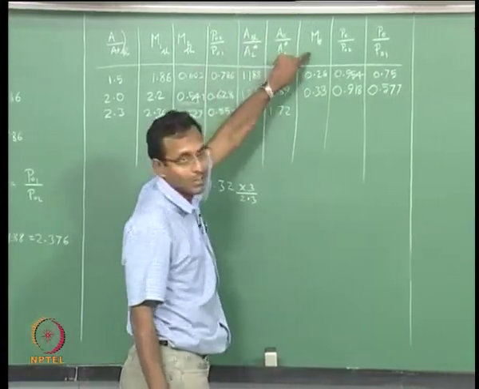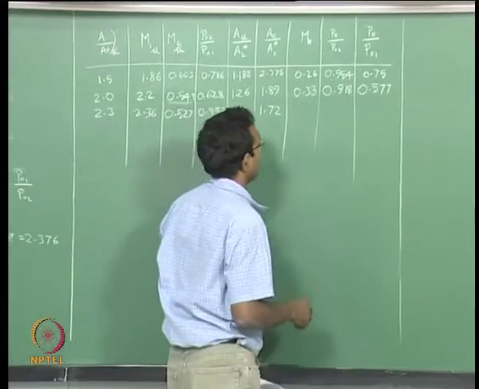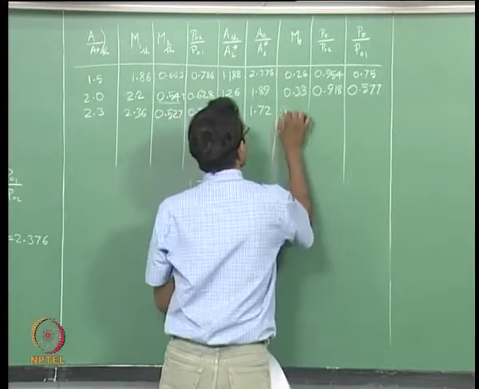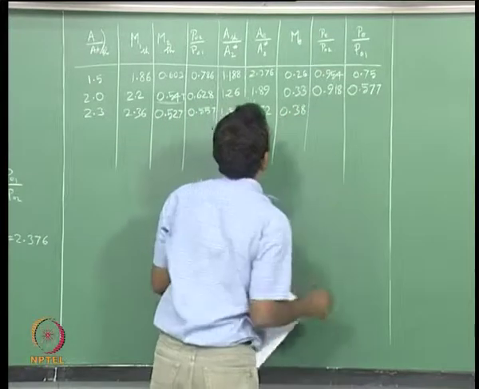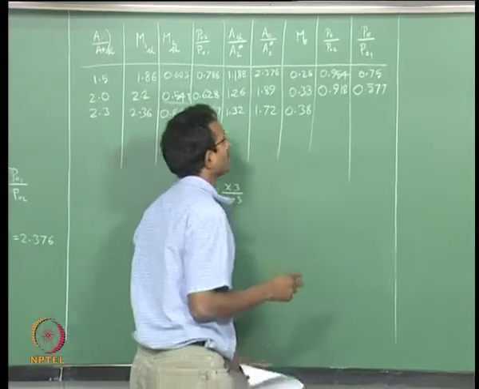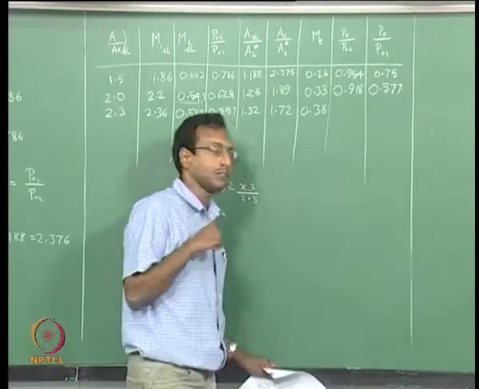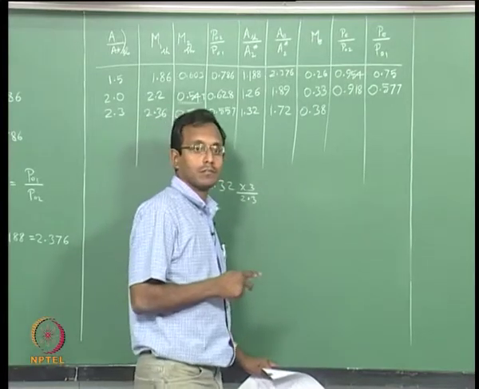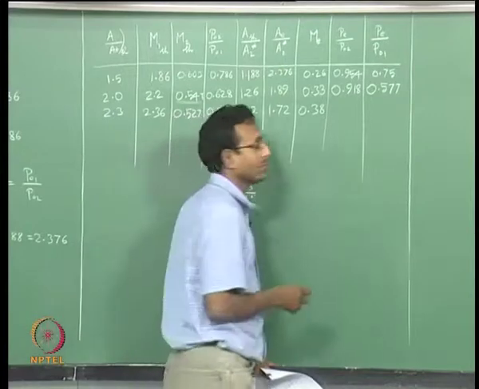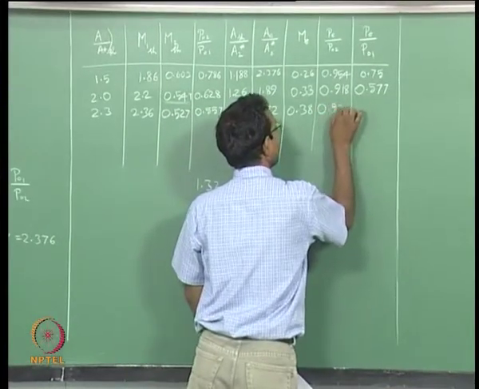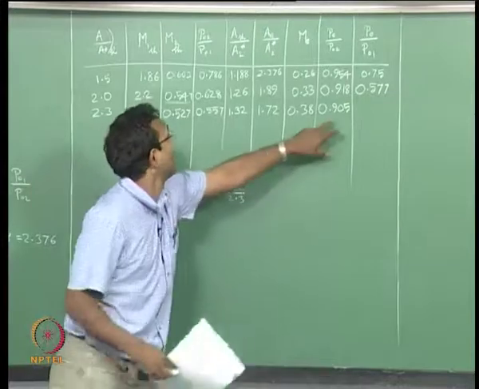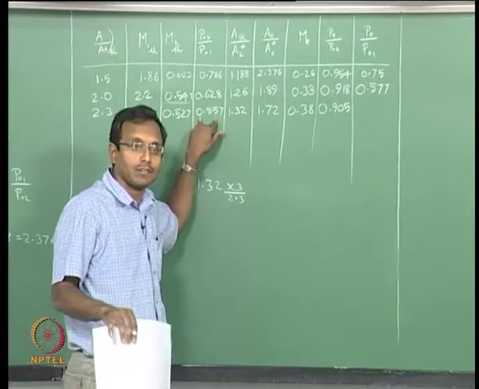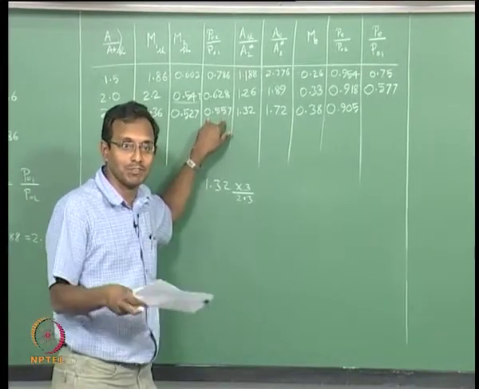A by A star giving Mach number: 0.38, and for that condition I want P by P naught. 0.905, that multiplied with 0.557. So next number. Okay, you guys understanding the procedure? That's the same sequence we keep on going.